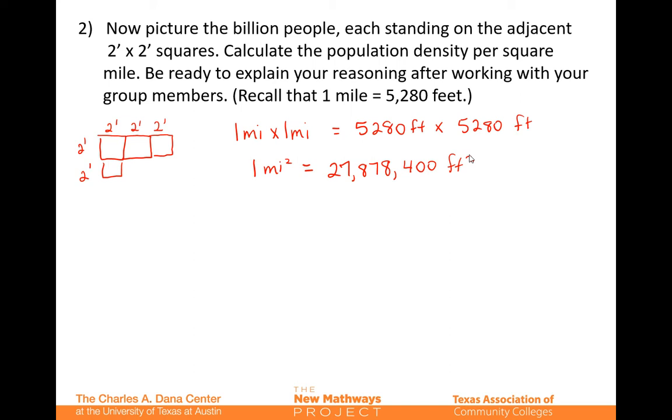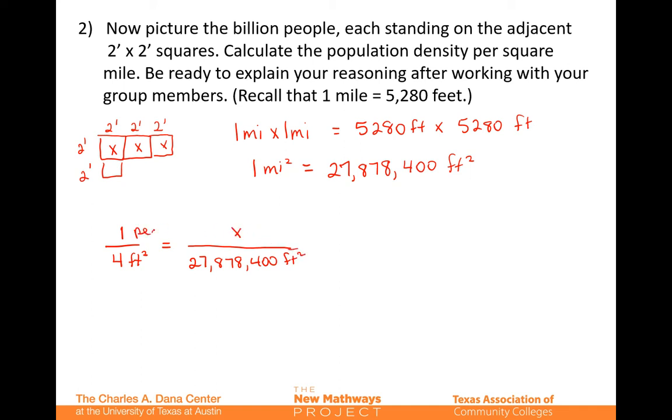All right, we know that the population density, there's 1 person in each one of those 2 feet by 2 feet, one person for every 4 square feet. How many people will that be if we have 27,878,400 square feet?